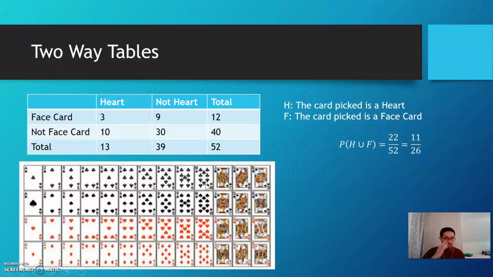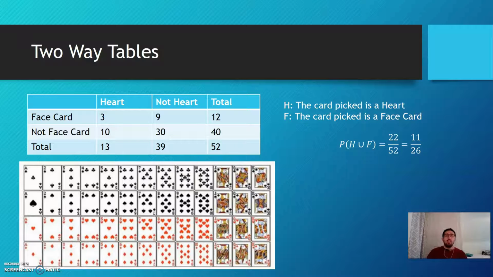Where do those come from? 1, 2, 3, 4, 5, 6, 7, 8, 9, 10, 11, 12, 13, 14, 15, 16, 17, 18, 19, 20, 21, 22. There are 22 heart or face cards out of 52.